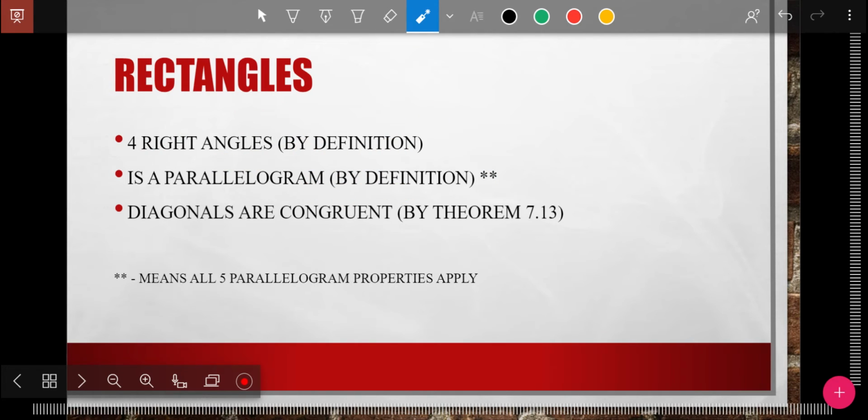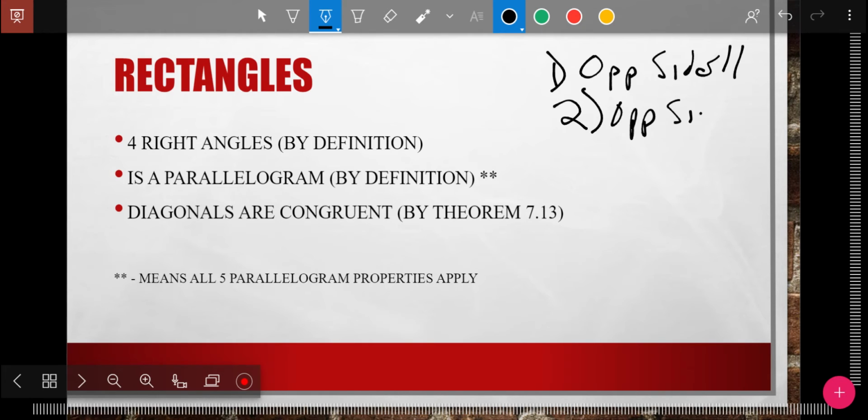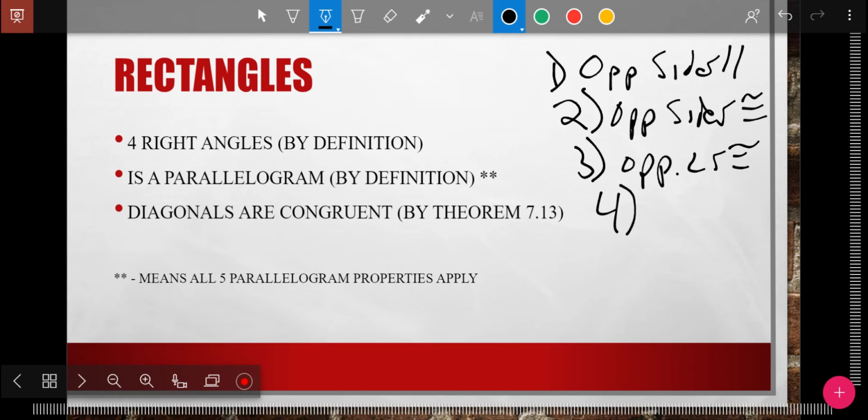So we have 5 things to go with that. 1, that it has opposite sides parallel. 2, the opposite sides are congruent. 3, the opposite angles are congruent. 4, that consecutive angles are supplementary, which means they add up to 180. And 5, the diagonals bisect each other.